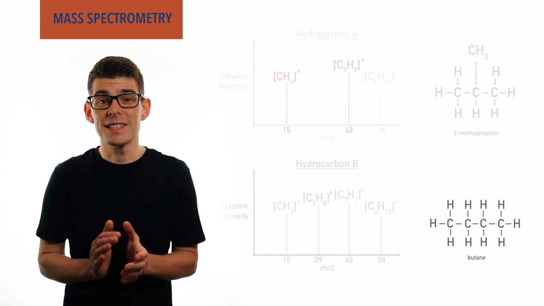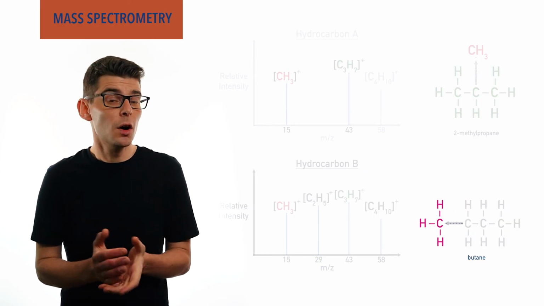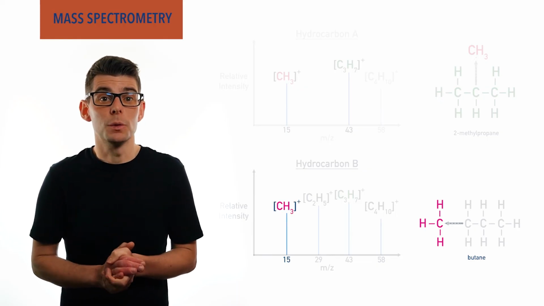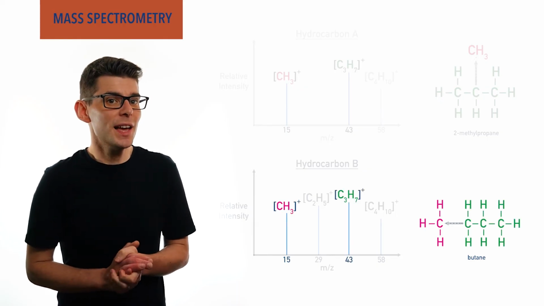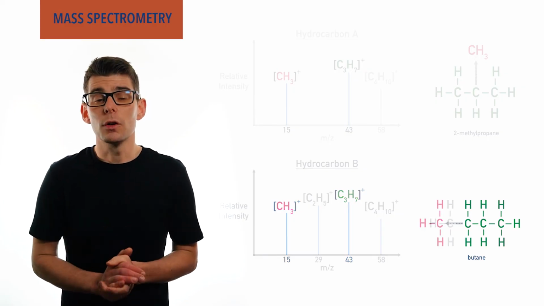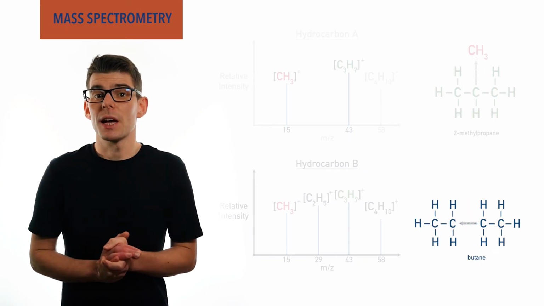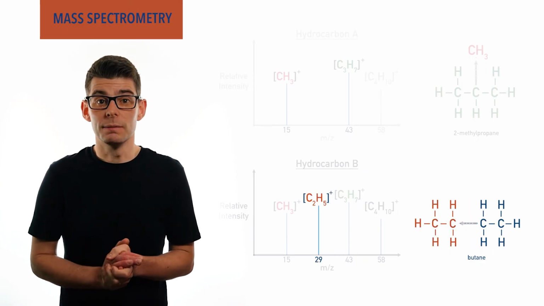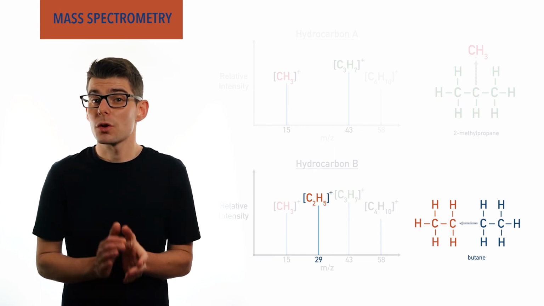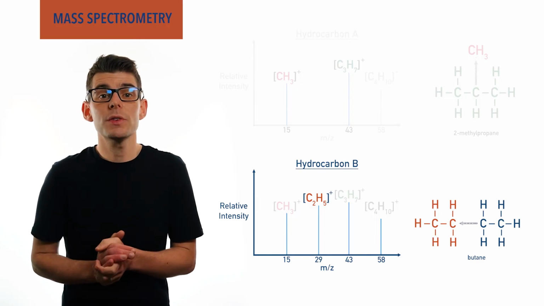For butane, a CH3 fragment could easily be broken off each end of the molecular ion, giving fragment peaks at 15 and 43, again CH3 and C3H7. However, the molecular ion could also break apart in the middle, giving a fragment that would have a relative mass of 29, C2H5.